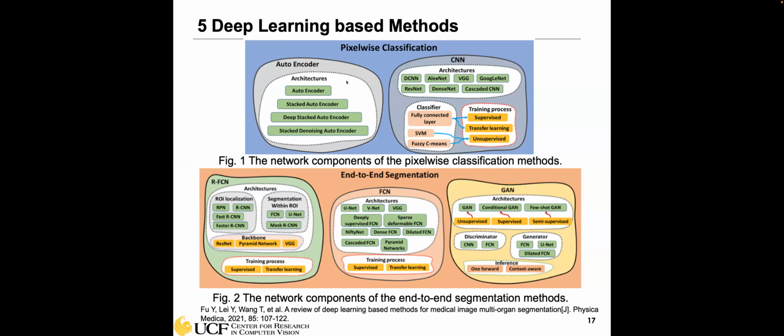There's a very common way to do that. For each pixel, you take a small neighborhood, maybe a 5 by 5 small region, and the goal is to classify the center pixel, okay?